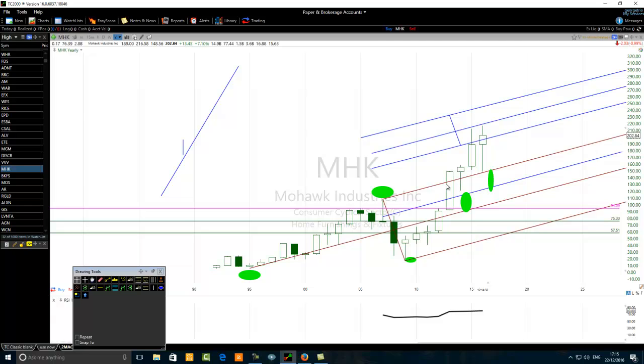If it deviates from the upper line of Pitchfork 2, we will prefer it to pull back to retest the upper line of Pitchfork 2. So you see, this is what I call the deviation from the upper level. All right. Now we will be hoping that they will bring it back to retest the top of Pitchfork 2.